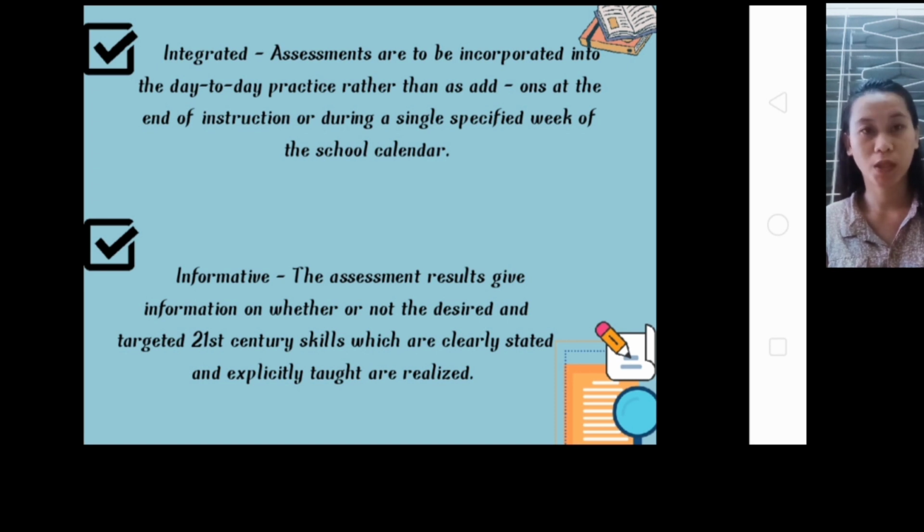Now, informative, or to be informed, is one of the characteristics that must be possessed, especially in the 21st century assessment, as it aims to provide valuable feedback and insights to both students and educators. It goes beyond simply measuring knowledge and skills, and it focuses on understanding students' strengths, weaknesses, and areas for improvement.